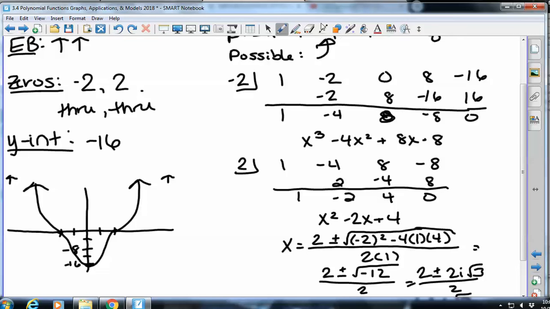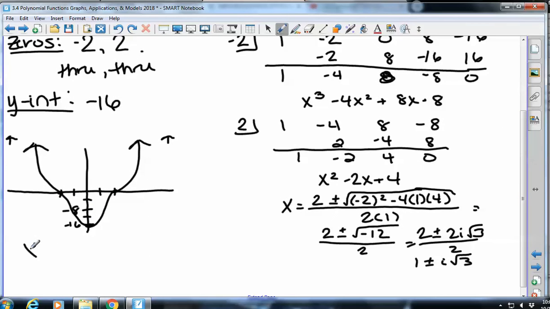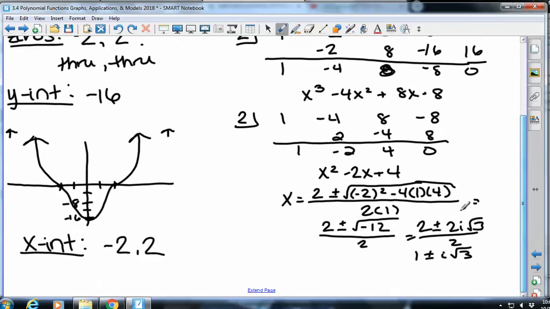I asked some additional questions on this one. I also want to know the x-intercepts. What are x-intercepts? Same thing as zeros. You would only need the positives because you're only really touching the x-axis of the positives. I asked where p of x is less than 0.